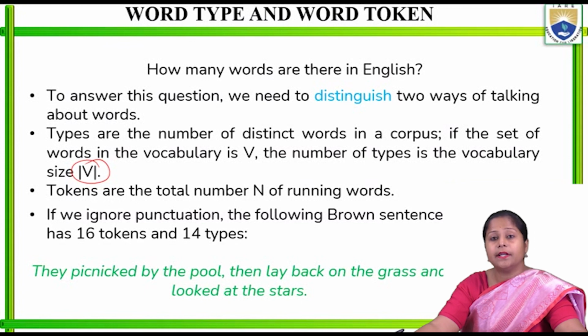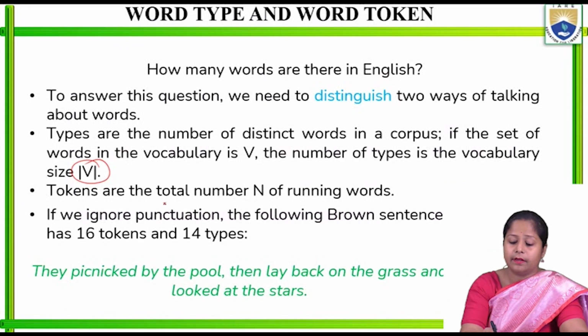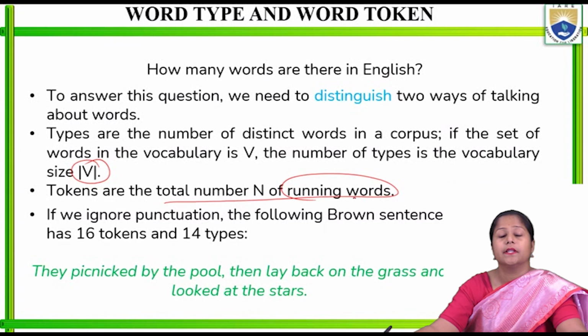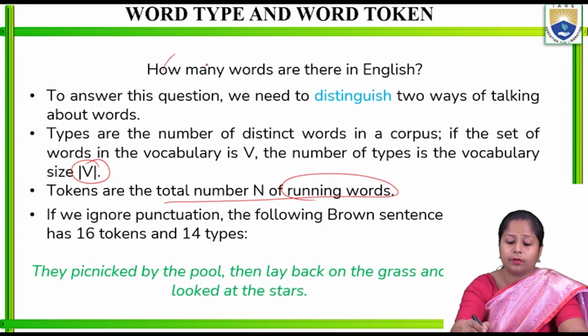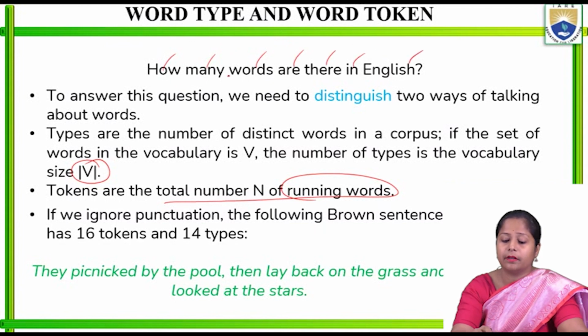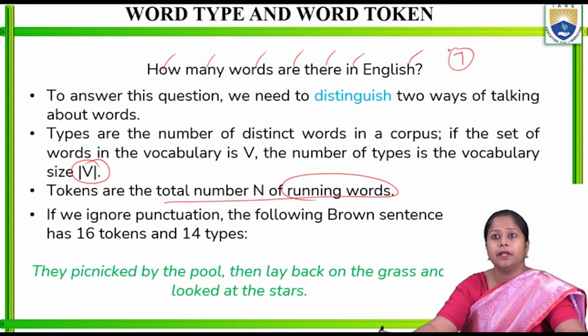And tokens are the total number of running words. In a particular sentence, how many tokens are there? How many words are there in English? There are seven tokens in this particular sentence. So the running words in one sentence make the number of tokens.